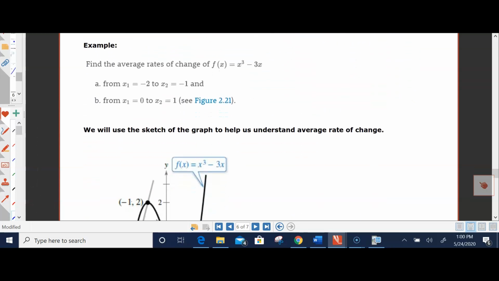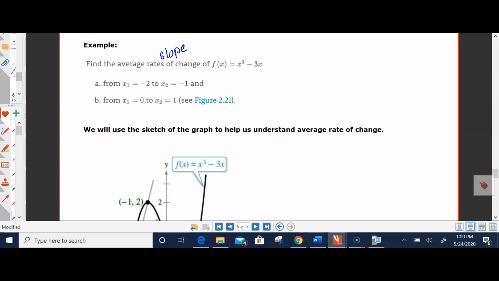So let's suppose I have an equation, x cubed minus 3x, and I want to find the average rate of change, which is another name for slope, from x1 equal to negative 2 to x2 equal to negative 1, and then again from x1 equals 0 to x2 equal to 1.